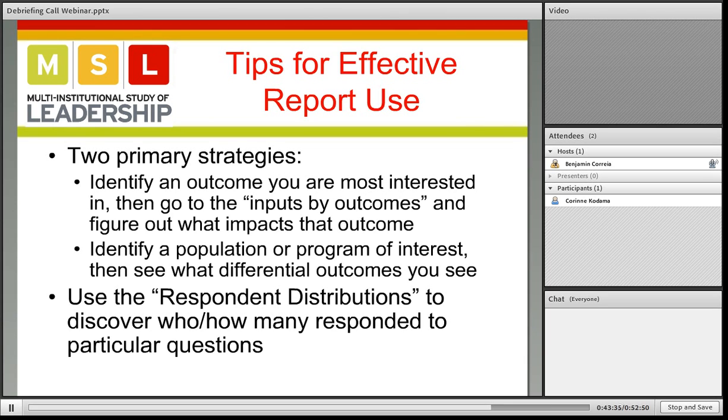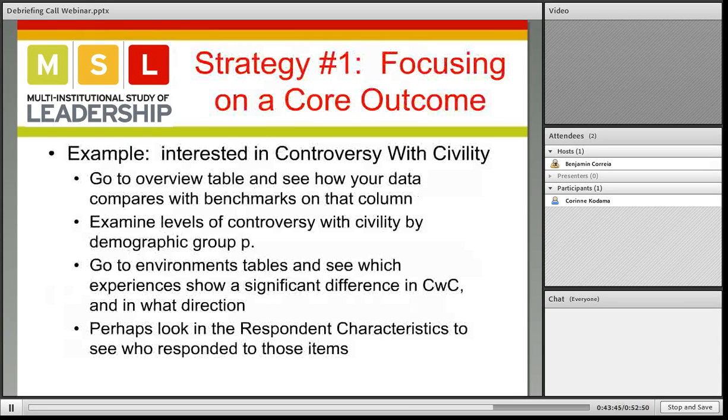I'm going to show you how to do that. Then you use the respondent distributions to discover who or how many people responded to particular questions to help add some insight. So the first strategy is if you focus on a core outcome.